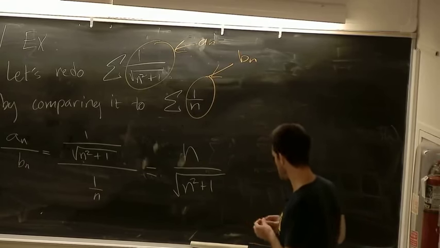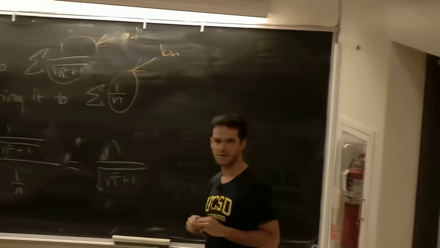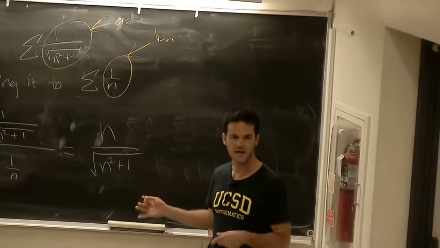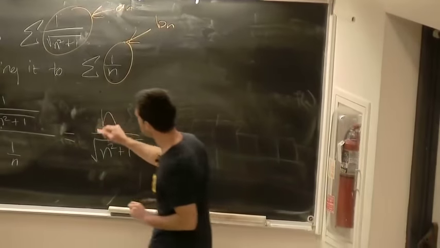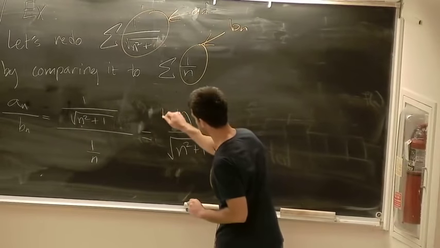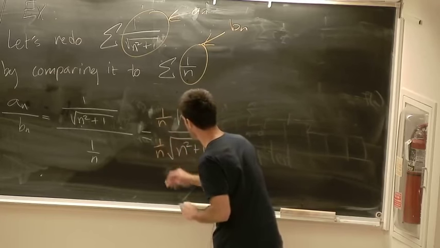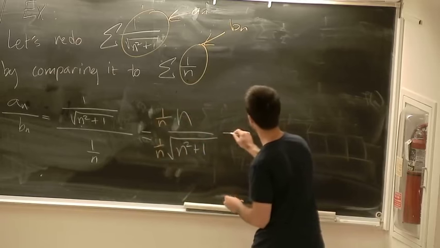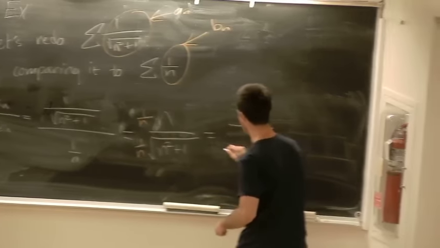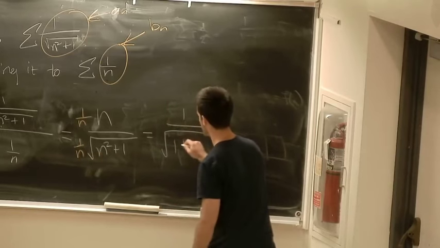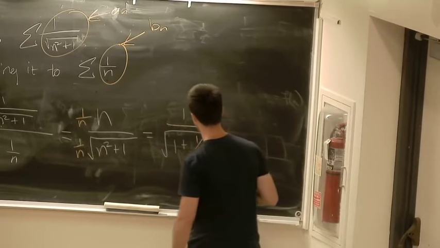So let's see if you remember how to do this. Maybe you've done enough of them that you can tell just by looking at it, but I'm going to show the full detail. The way you would probably do this, at least at first, is divide top and bottom by n. And we get 1 over, and when I move this underneath the square root sign, it becomes 1 over the square root of 1 plus 1 over n squared.